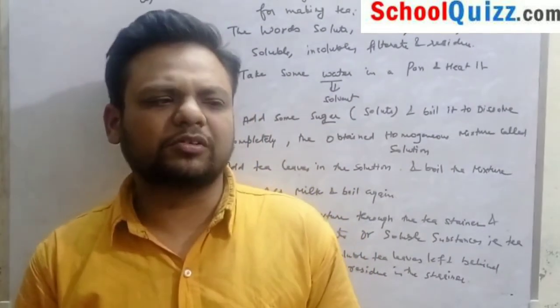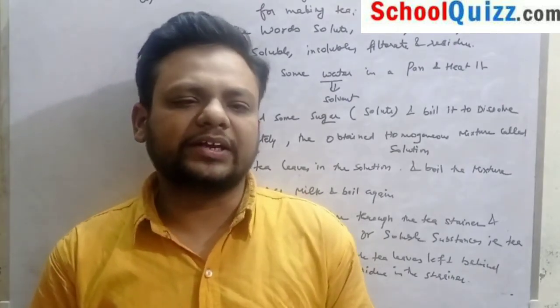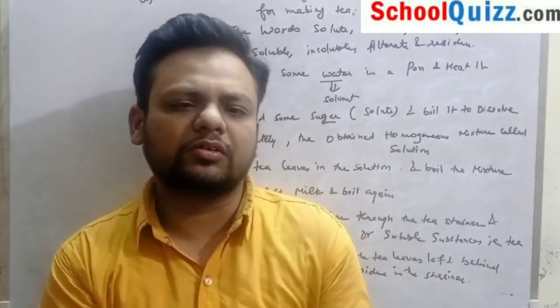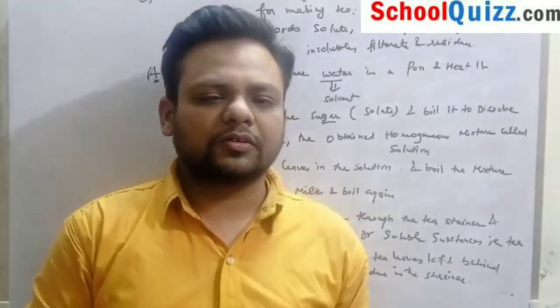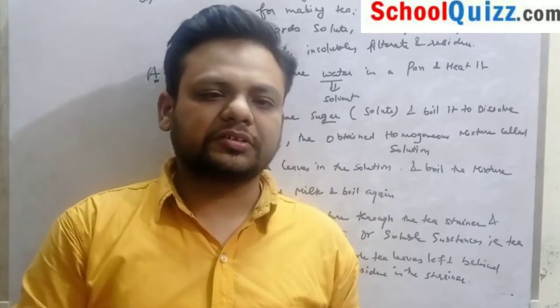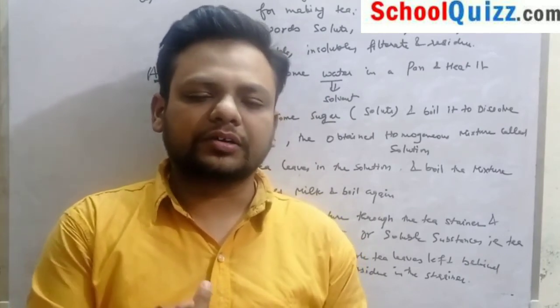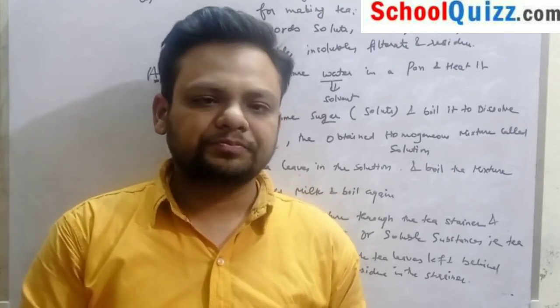It's a very simple question, we just have to write the recipe of tea, how we will make tea, and everyone knows how to make tea. The filtered part is our tea. Our solvent, which is in large amount, is water. Our solute is sugar.